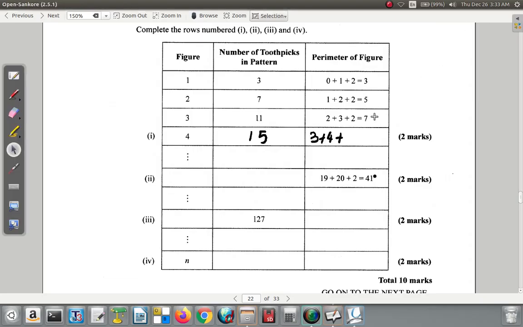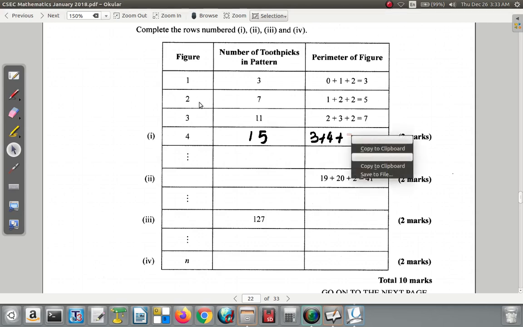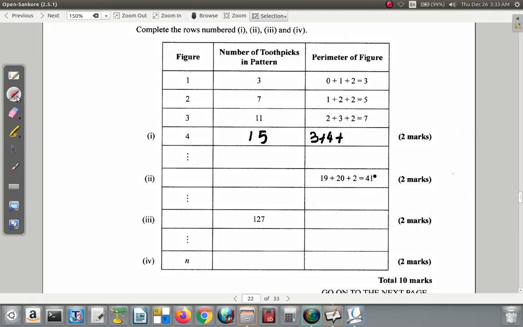We're looking at the perimeter, the distance around the figure. See if we can start building a pattern. 19 plus 20 plus 2.